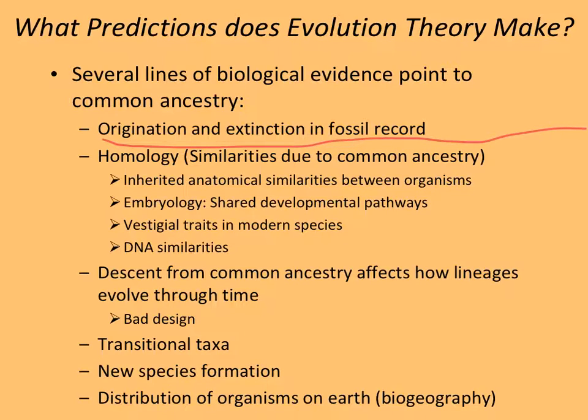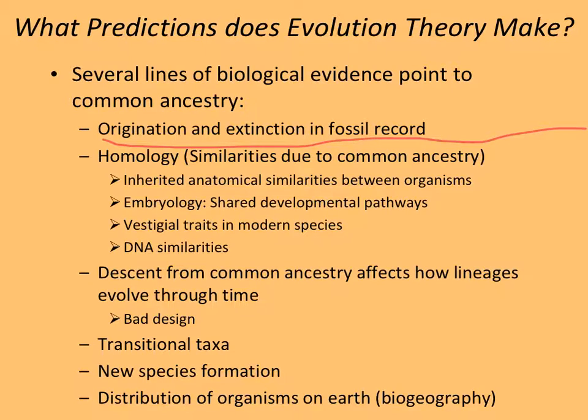Also, descent from common ancestors affects how lineages evolve through time. So we're going to look at why there is bad design. Why is there, in fact, absolutely, in many cases, terrible design? For example, why do humans choke? And then there's other things that we would predict from evolution by natural selection.